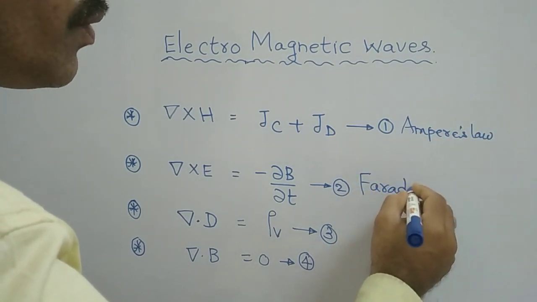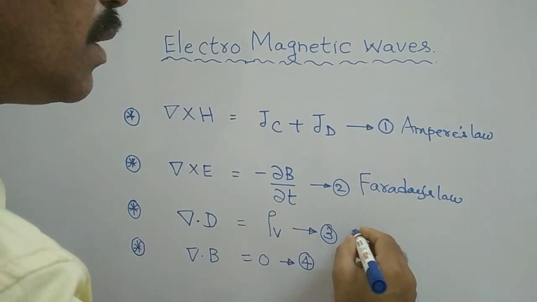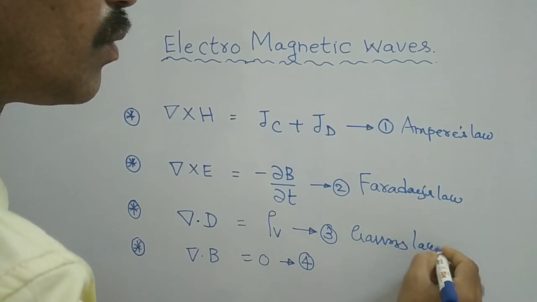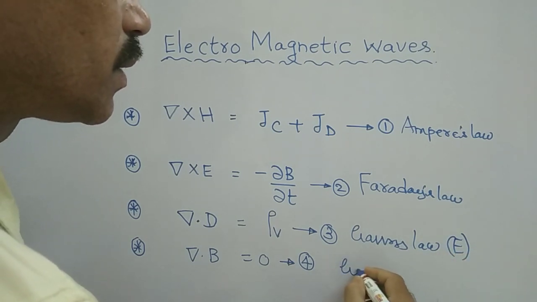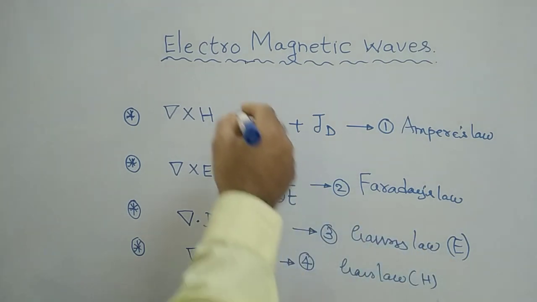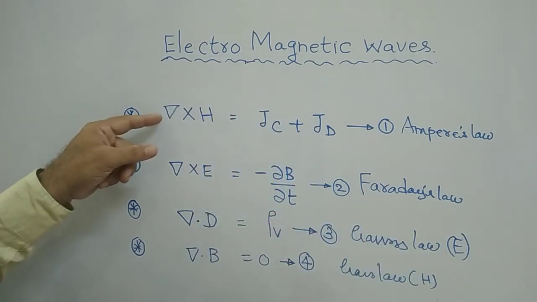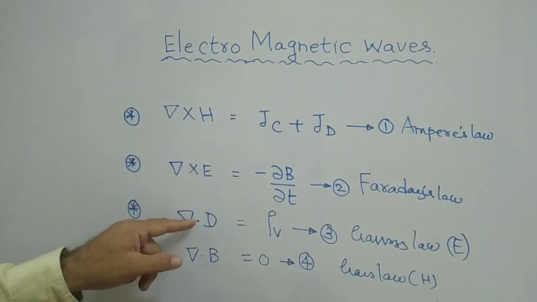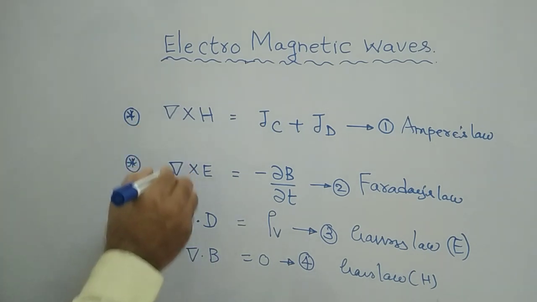The third one is the Gauss law for electric field, meaning for E. And this is the Gauss law for magnetic field. Collectively, remember that we are using the del operation here: del cross H, del cross E, del dot D and del dot B.